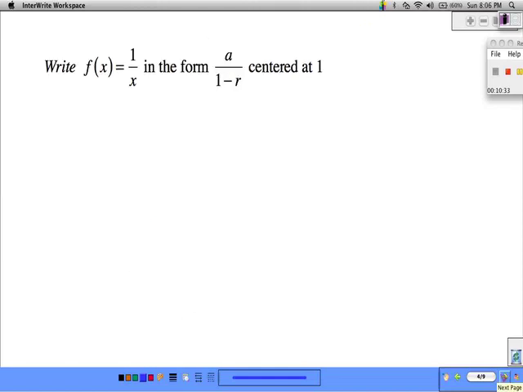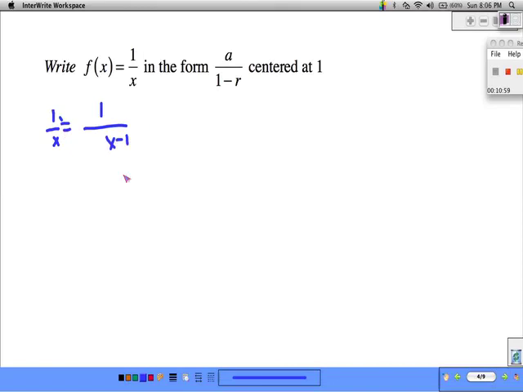Now let's continue working with some different functions. Let's go with 1 over x centered at 1. So 1 over x is equal to, now I want my x to be x minus 1.